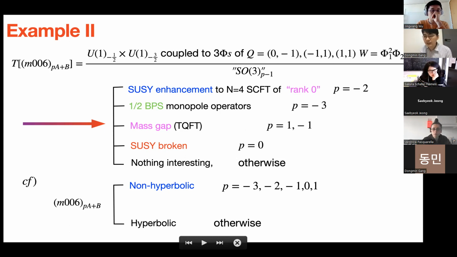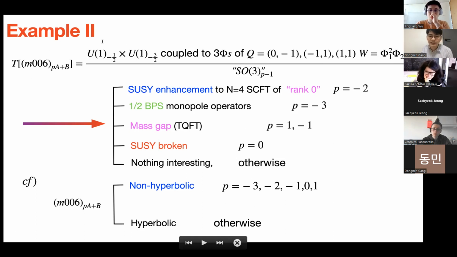The one non-trivial thing is that this theory has a U(1) times U(1) topological symmetry, but a linear combination of them will enhance to the SO(3) flavor symmetry in the IR, and we are gauging this SO(3) flavor symmetry in the IR.